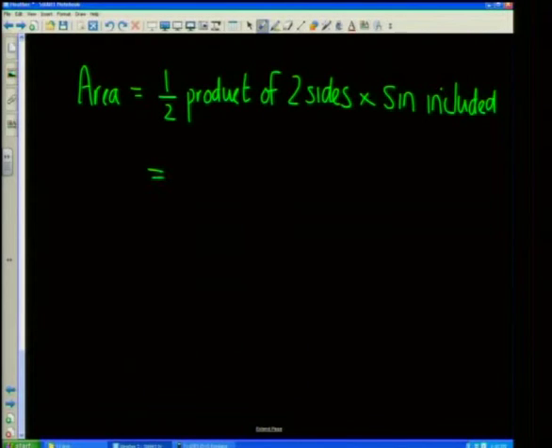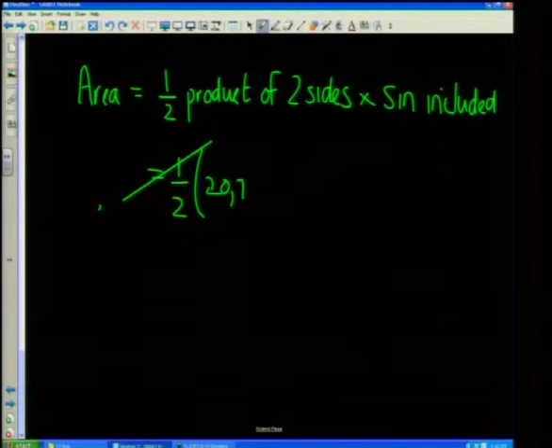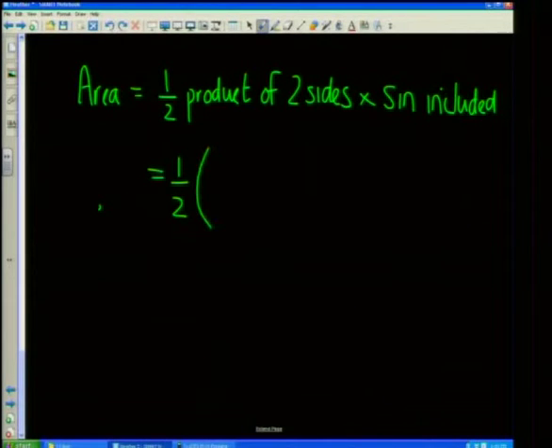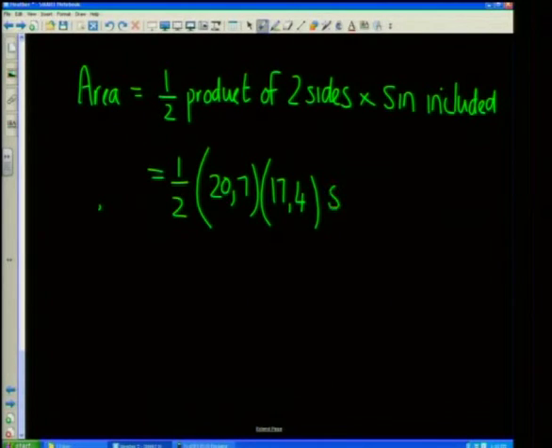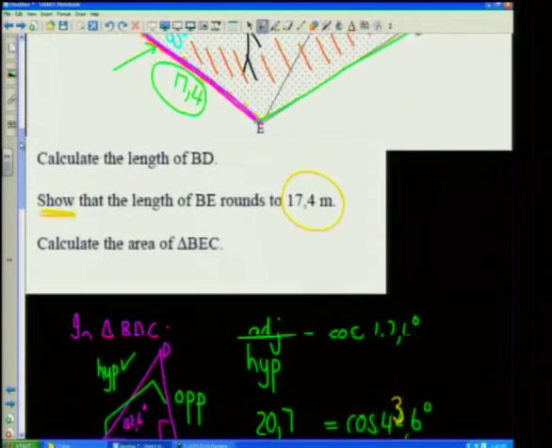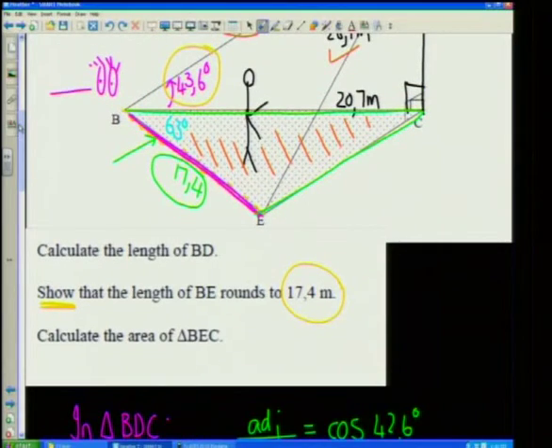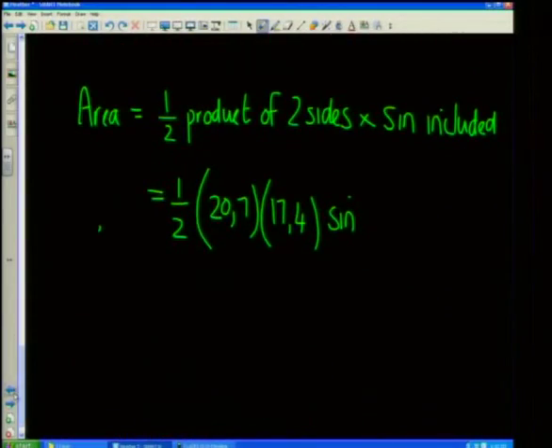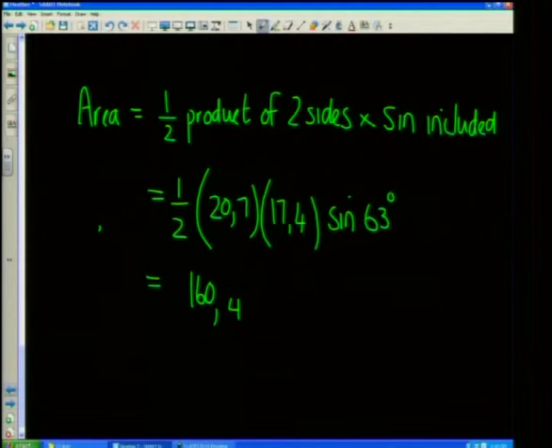Okay, so let's just go back. It's a half. And we've got 20,7 and 17,4. And sine, and of course if we just recall that our angle between them in the picture was this guy here on the floor, 63. And once we've popped that in, we're going to get it onto our calculator. And we are going to get 160,4 square meters.